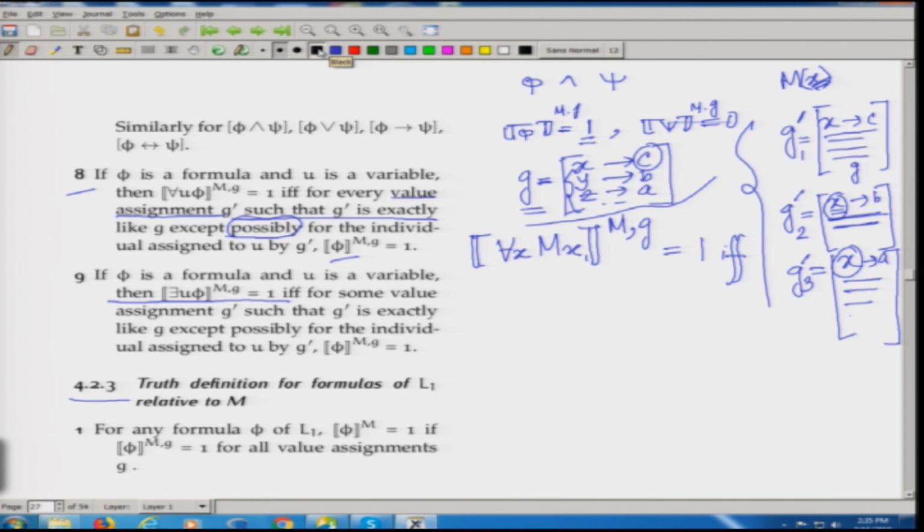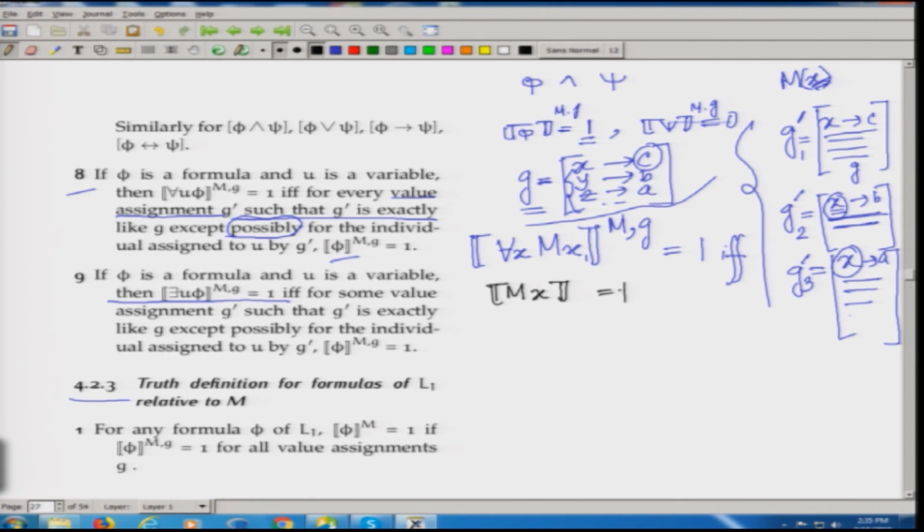It states that this is 1 if and only if phi, and our phi is nothing but mx, is 1 with respect to all g primes.